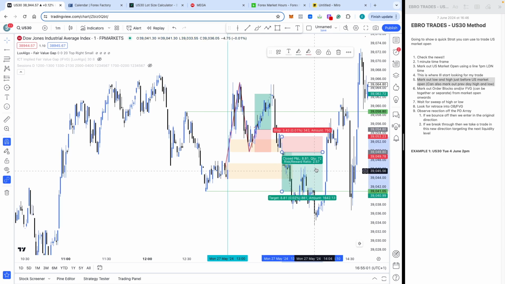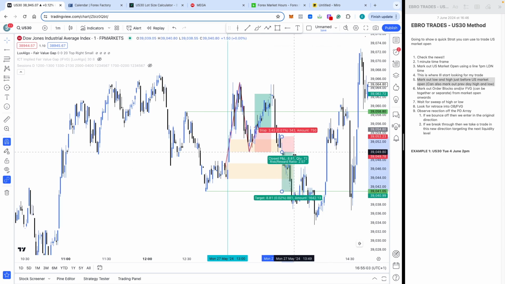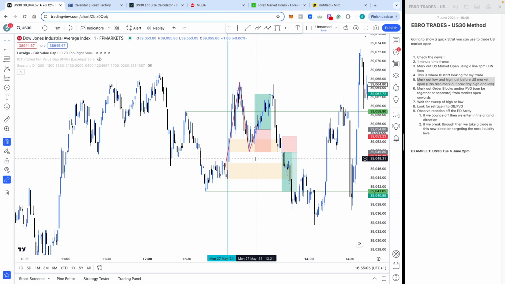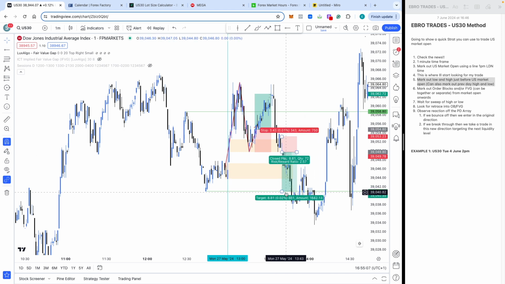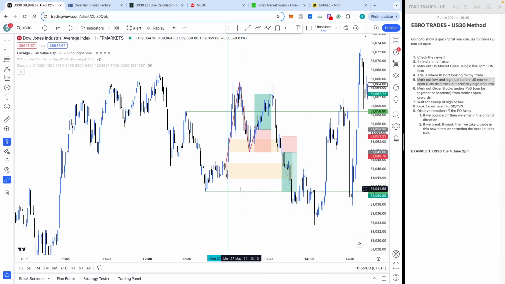So this is literally how the setup works. I'm waiting for both the high and the low to get swept. As soon as this low gets swept, I'm taking my hands off the charts for the day. That's it. My trading is done for the day. I hope that makes sense.